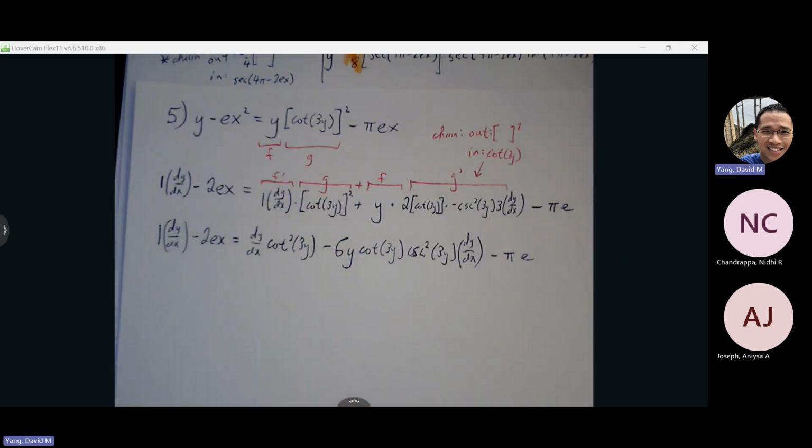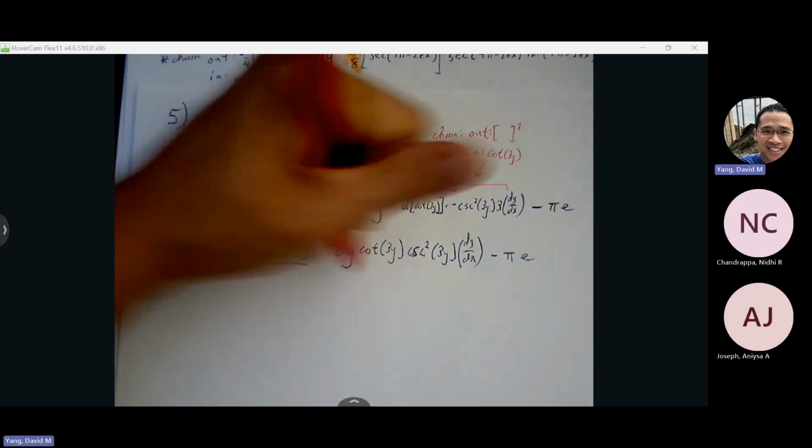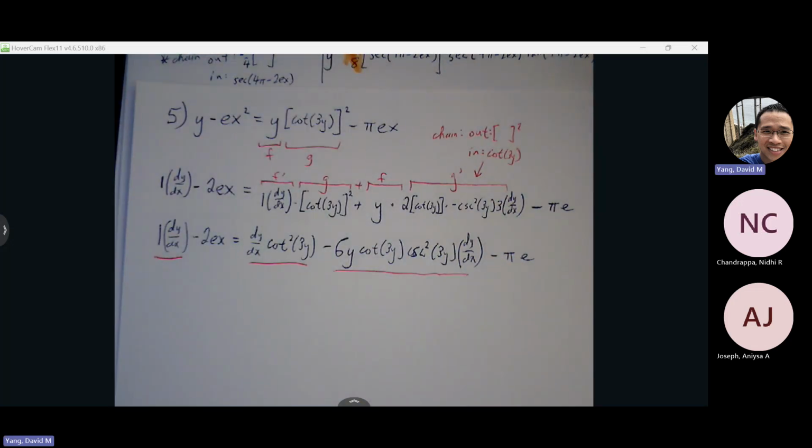Okay, so I have three dy dx terms. I'm going to try to collect them all on the same side. Move them all to the left side.